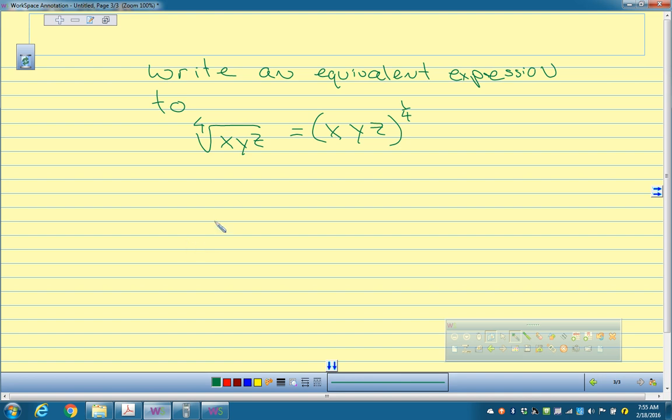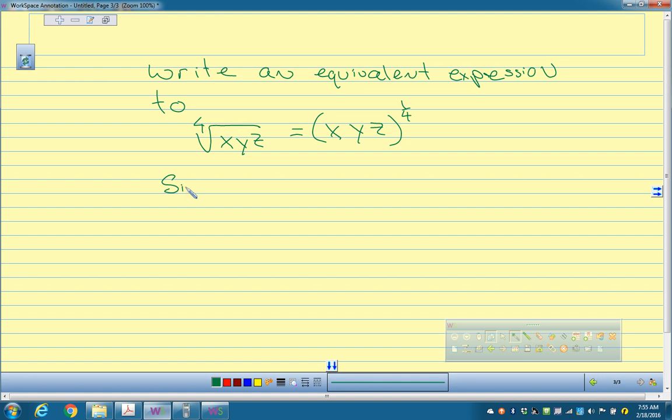Simplifying square roots, that's pretty easy. I think you could do that. But what if I had something like this?